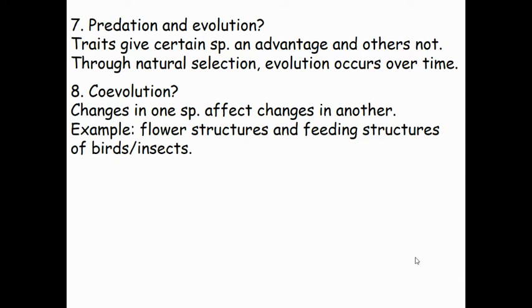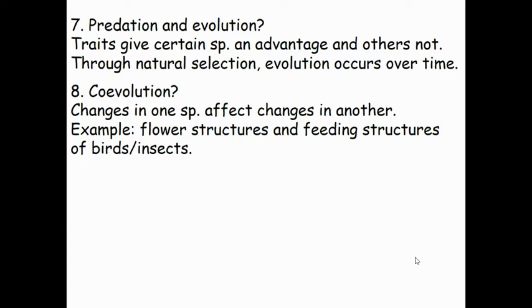Coevolution, that's when changes in one species influence another one. Two organisms change together. It's like certain birds and insects that get nectar from plants. Slowly over time, the structures in the plant change, and there's always variation within bird and insect, all animal and plant species.